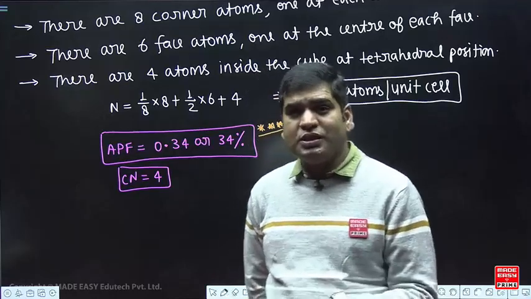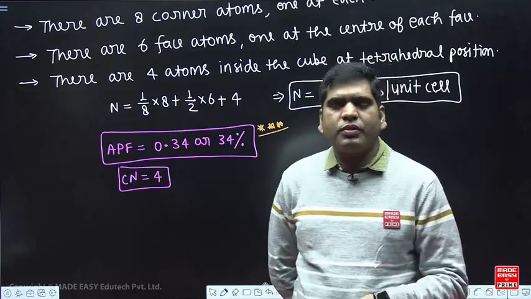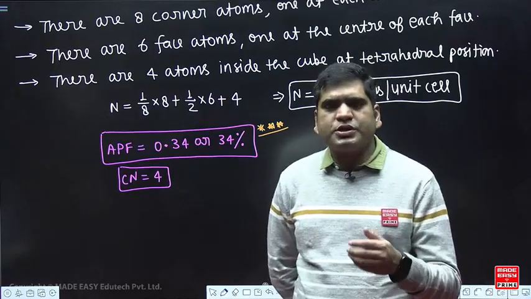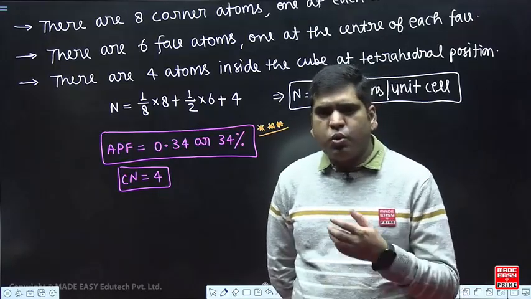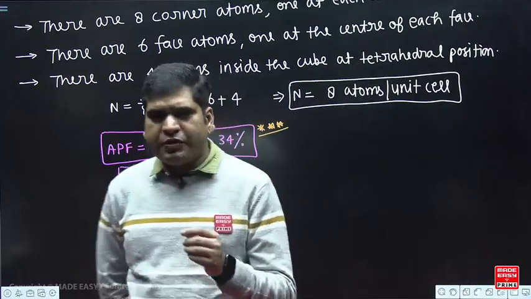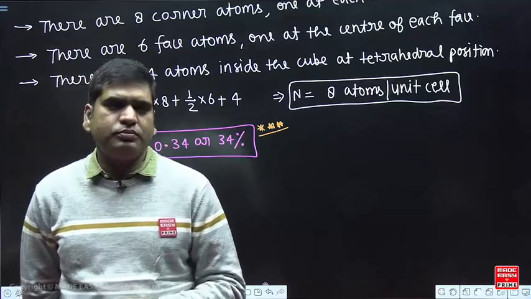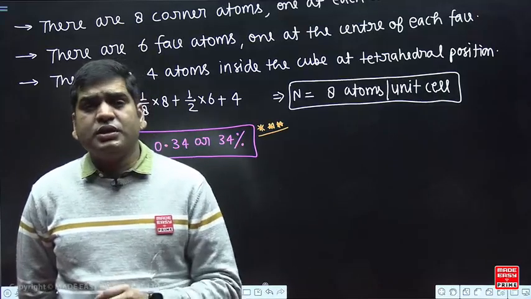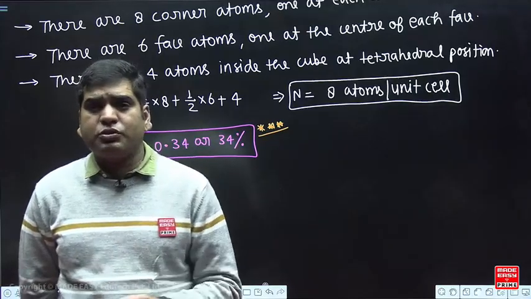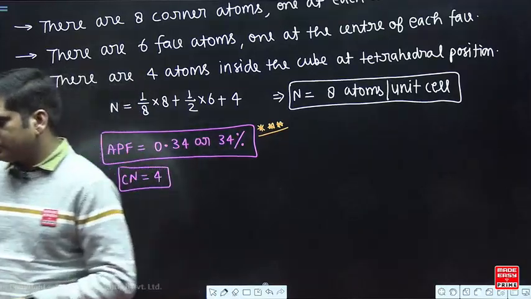But here in diamond cubic there is 34% packing efficiency. 66% of the volume is void. Why this low packing efficiency? Although carbon atoms are very small in size and small atoms can be packed very closely, here carbon atoms are not packed closely. Lots of the volume of a cell is void. Why? What is the reason?